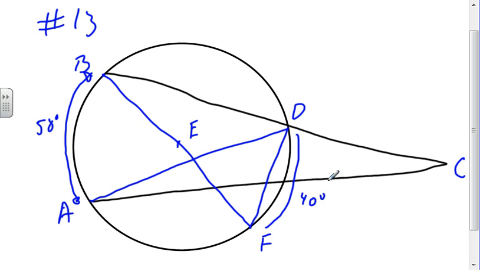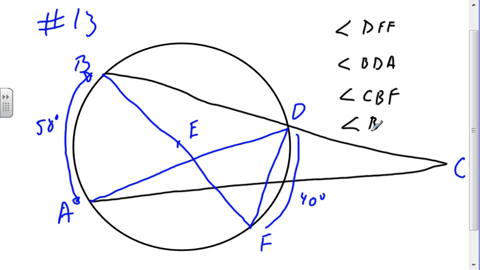Then we want to find the angle DEF, the angle BDA, the angle CDF, and the angle BDF. Okay, so that's what we're looking for.